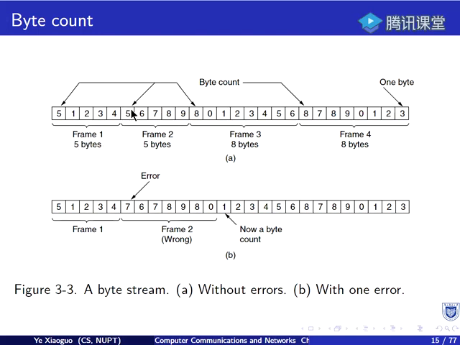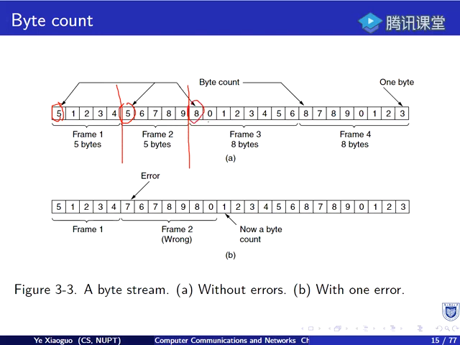The next 5 means frame 2 has 5 bytes: 1, 2, 3, 4, 5.